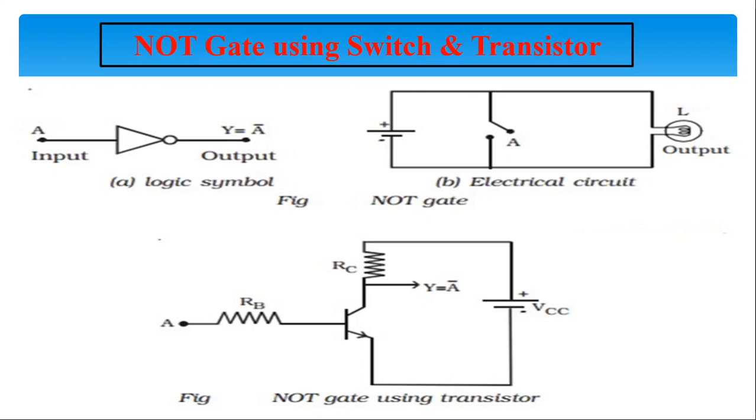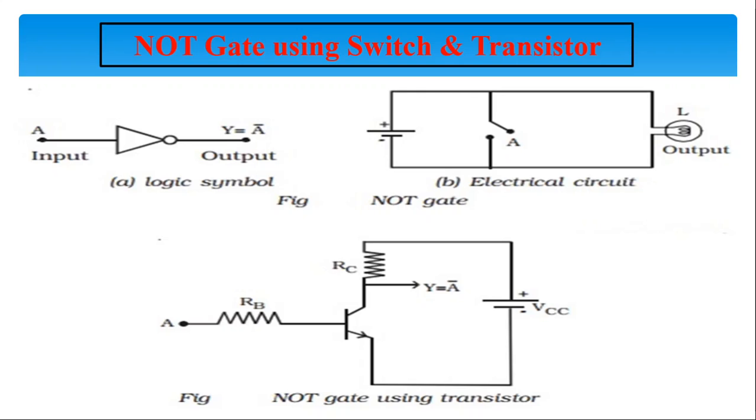There are three modes of transistor, namely active mode, saturation mode and cutoff mode. Out of these, we are using saturation mode and cutoff mode for NOT gate design. Figure shows the transistor NOT gate.